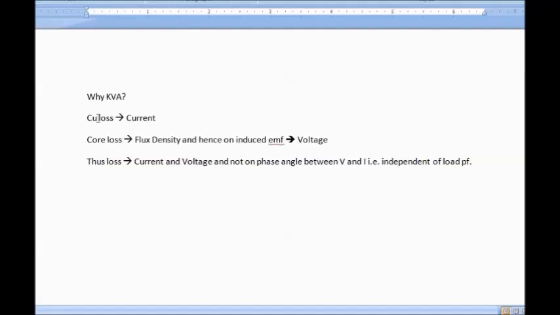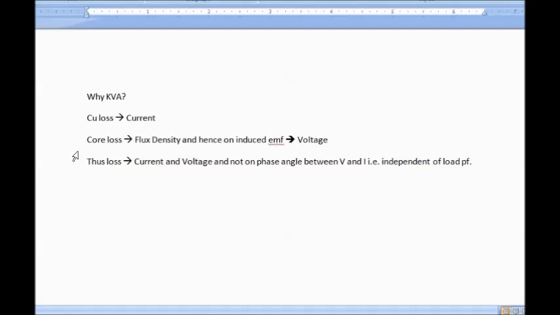This copper loss is a variable loss which is written like I square R. So this copper loss depends only on current I, and if we consider this core loss, then this core loss consists of two losses, hysteresis loss and eddy current loss. And for a given frequency or at working frequency, this core loss, that means hysteresis loss and eddy current loss, both depend only on flux density.